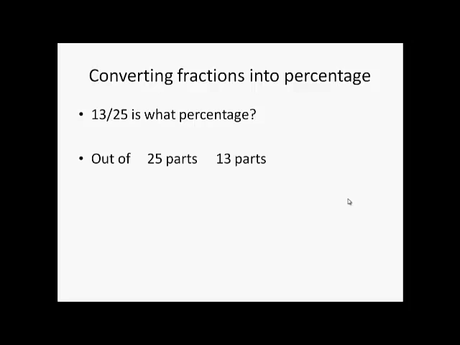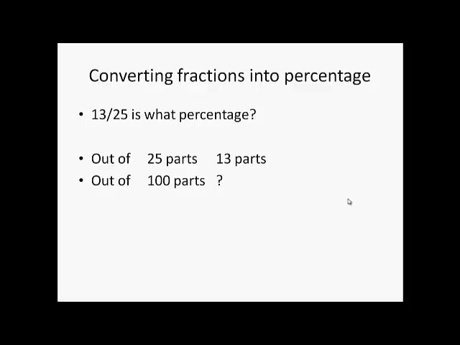So how do we convert basic fractions in the p by q form into percentage? Well, let's take a few examples to understand this concept. If 13 by 25 is the fraction given and we are required to answer what it would be written as in the percentage form, then 13 by 25 literally means out of 25 parts we are concerned with 13.